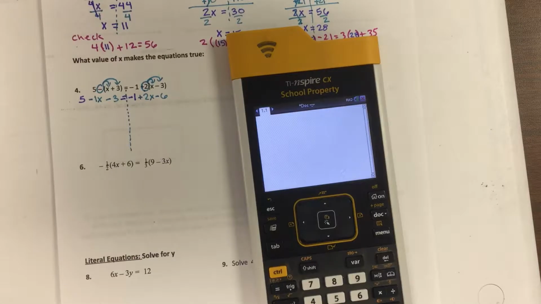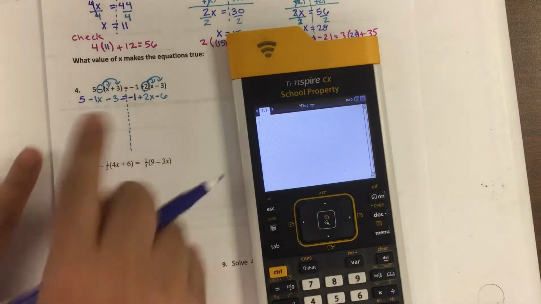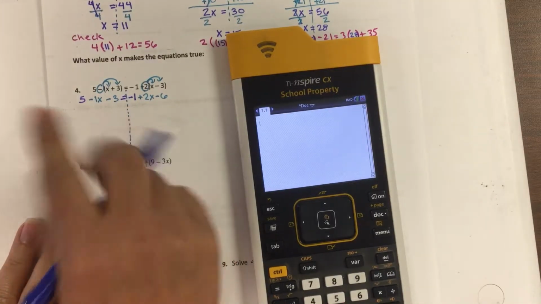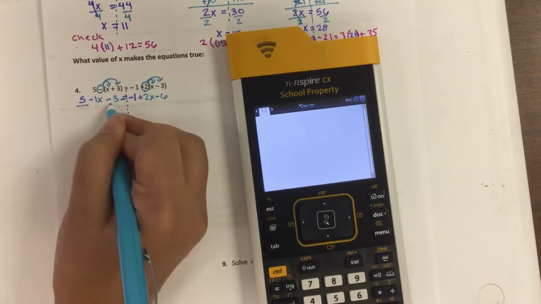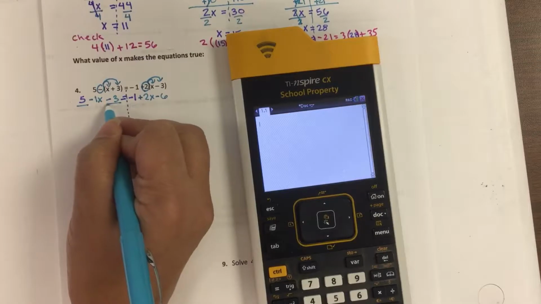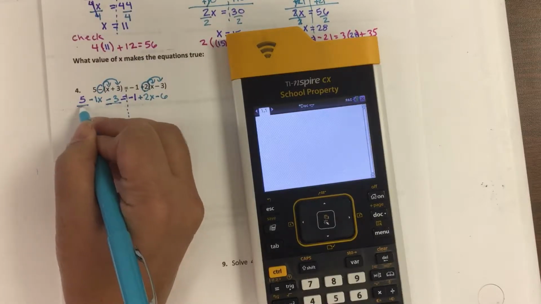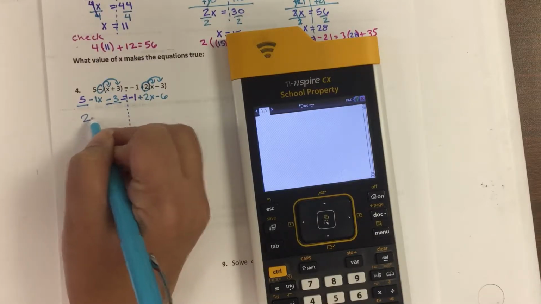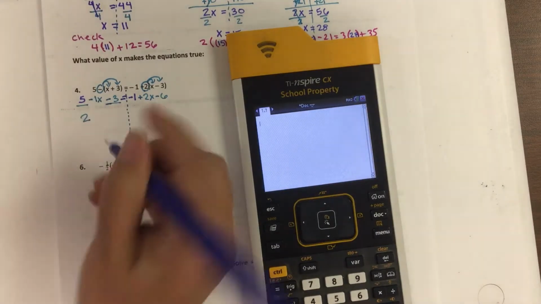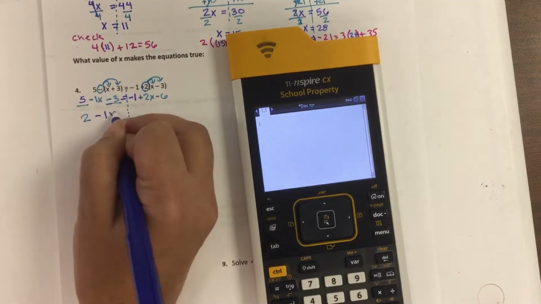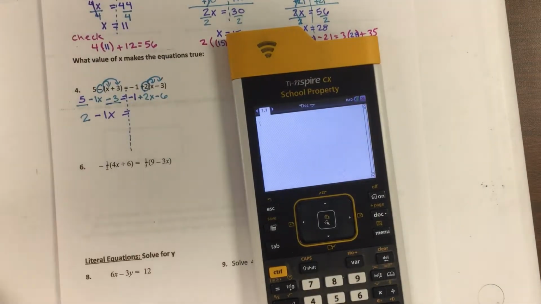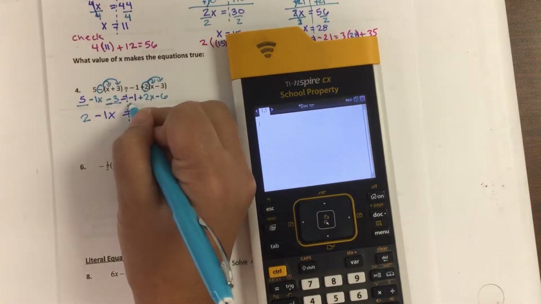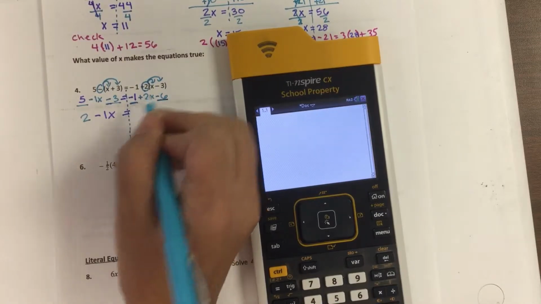Next, we want to go ahead and combine our like terms. So on the left side, that would be my constants of 5 and negative 3. So 5 minus 3, because you always take the sign in front. This becomes a 2. My negative 1x is still there. There's nothing on the left side it can be combined with. Bring down my equal sign. Over on the right, I have a negative 1 to combine with a negative 6.